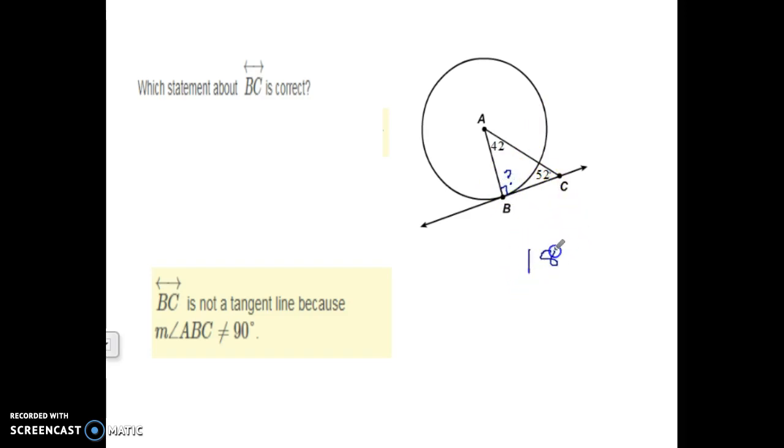So if I take 180 minus 42 minus 52, I can see that that angle is 86 degrees. So this angle is 86. Now, if it's a tangent line, it has to be 90. So we know this is going to be the correct statement, that it's not a tangent because it is not equal to 90.